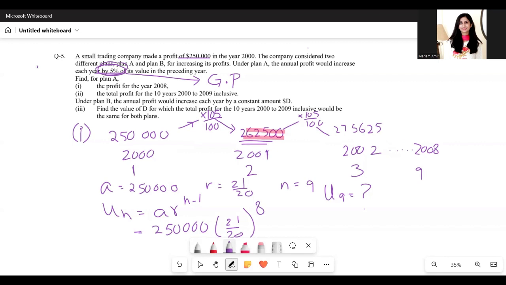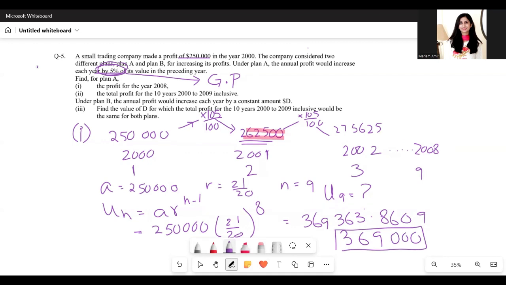And just enter this in the calculator. You get 369,363.8609. And when you round it off to three significant figures, you get 369,000. That's the answer for part 1.